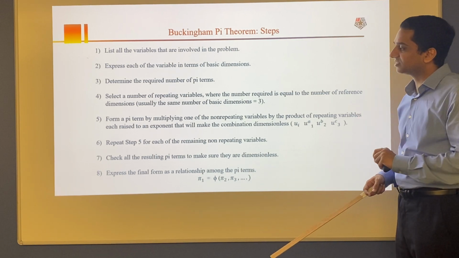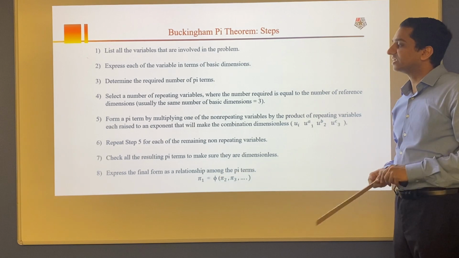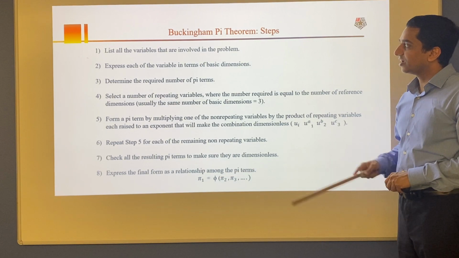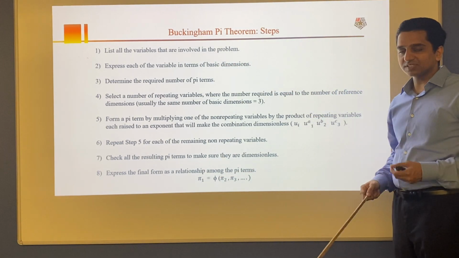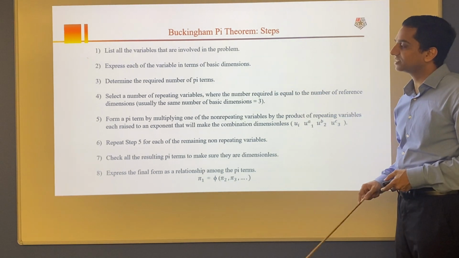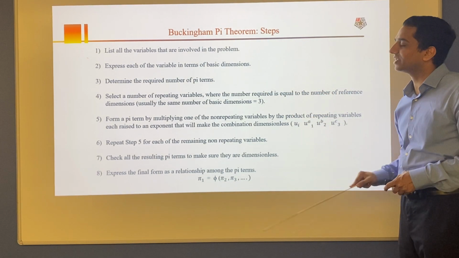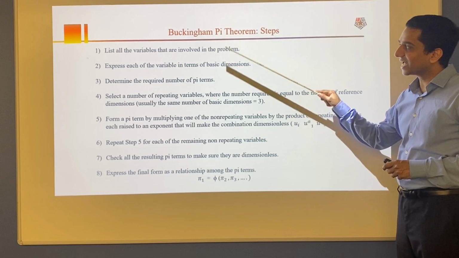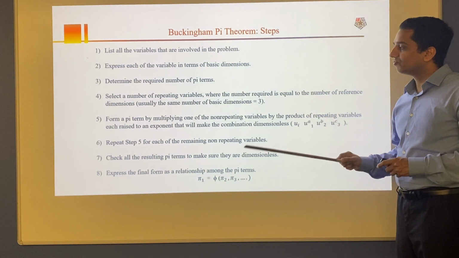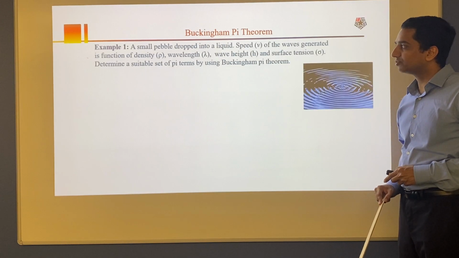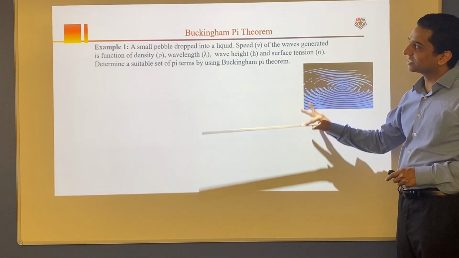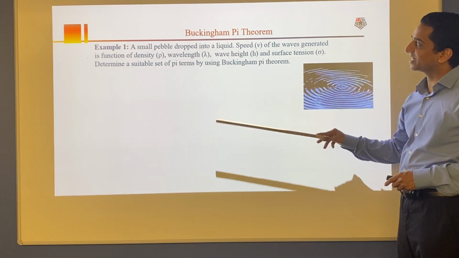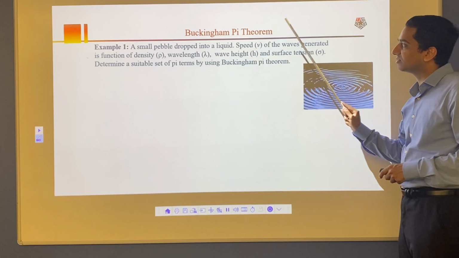This is the scientific method, or at least the basics of the scientific method he gave us. If you are looking at all these 8 steps for the first time, it's going to be very difficult to understand. You will not know what's happening. So it's better to understand these steps with an example, and that's what we are going to do. We are going to solve a few examples, and try to understand what this Buckingham-Pi theorem is.